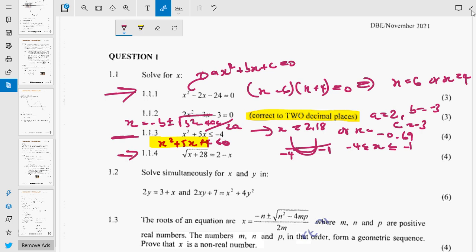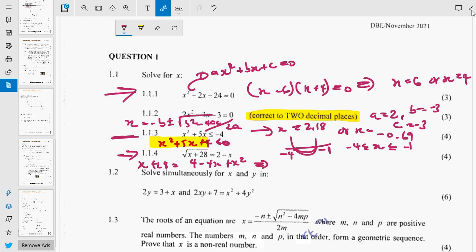And the fourth type of equation we are required to solve is a surd equation. Well, I'm sure you know that if you have a surd equation, the first thing we do is to square on both sides in order to form a quadratic equation. So if you square on both sides here, you're going to have x plus 28 is equal to 4 minus 4x plus x squared.